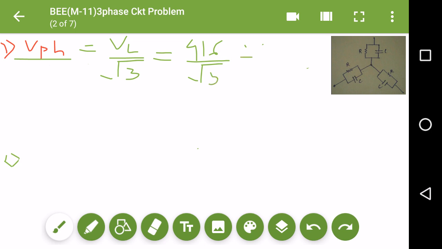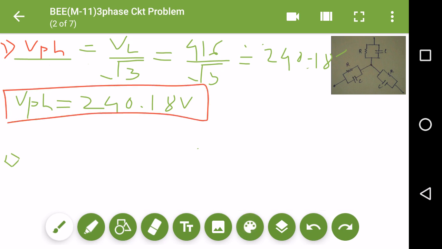By evaluating, you will get the phase voltage of 240.18 volt. So the phase voltage VPH is equal to 240.18 volts. Remember that.